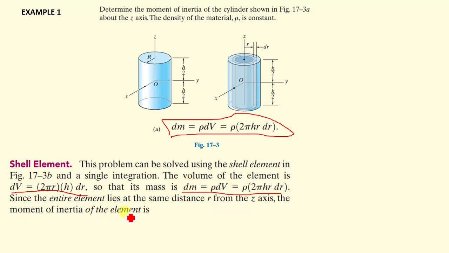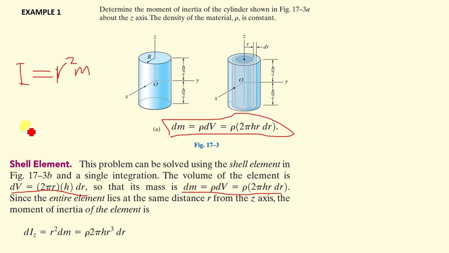Since the entire element lies at the same distance r from the z-axis, the moment of inertia of the element is going to be dI_z equal to r squared dm. So I about any axis is just given by r squared m.